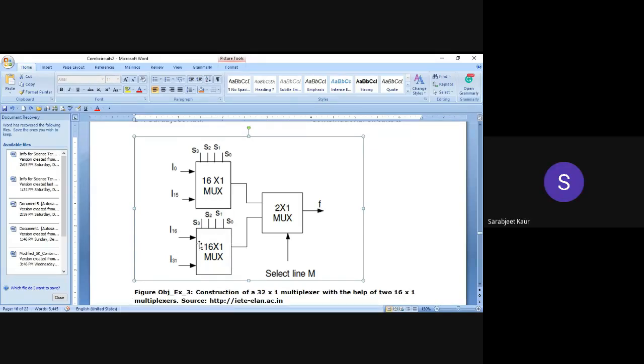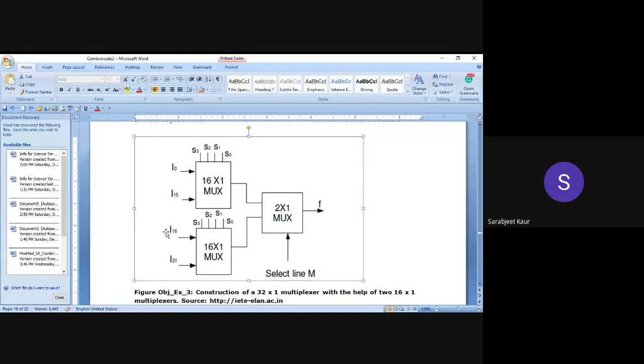Now, how do we join these two multiplexers to create a bigger multiplexer? One way is to employ a 2 cross 1 mux in addition to these two multiplexers. For our ease of understanding, we are calling the inputs of the first mux I0 to I15 and the inputs of the second mux I16 to I31.